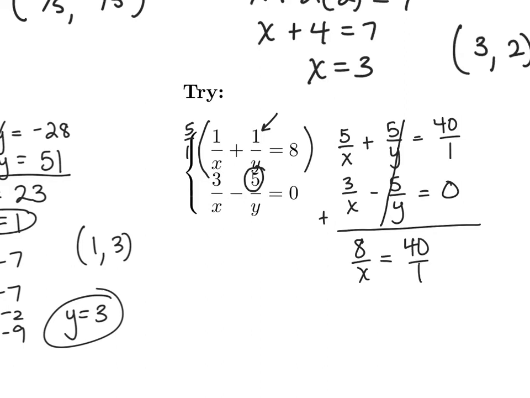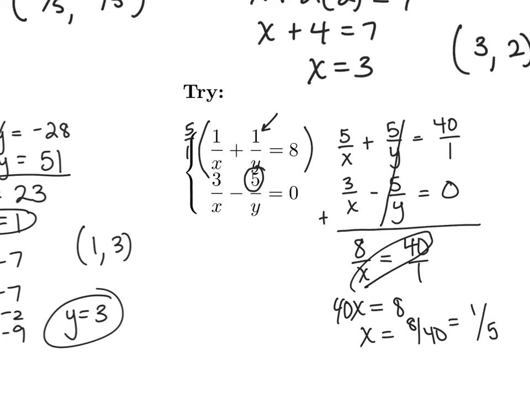Then you have a cross multiply problem. So 40x is going to equal 8. x is going to equal 8 over 40, which is 1/5. So that's what our x value is.